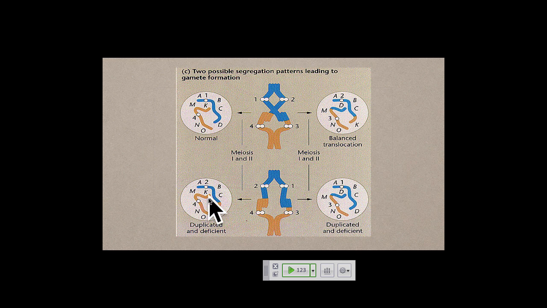And over here you have duplicated sequences for K, and D should be missing. Are these going to be viable? No. So that's why with translocations, half of the gametes are going to be non-viable. It just has to do with the segregation of the chromosomes through meiosis. Make sense? Okay.